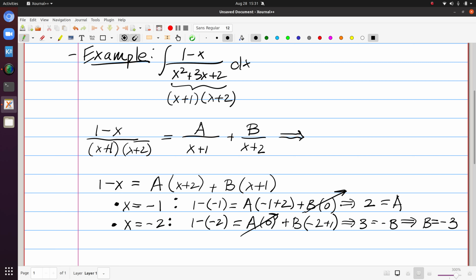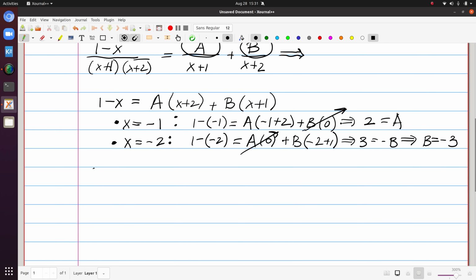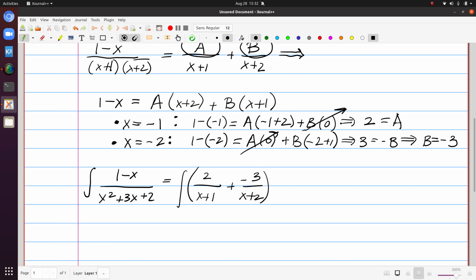I use that information to go back and drop those in for my constants. And so the integral that I started with is equivalent to integrating the decomposition here, 2 over x plus 1 plus negative 3 over x plus 2.